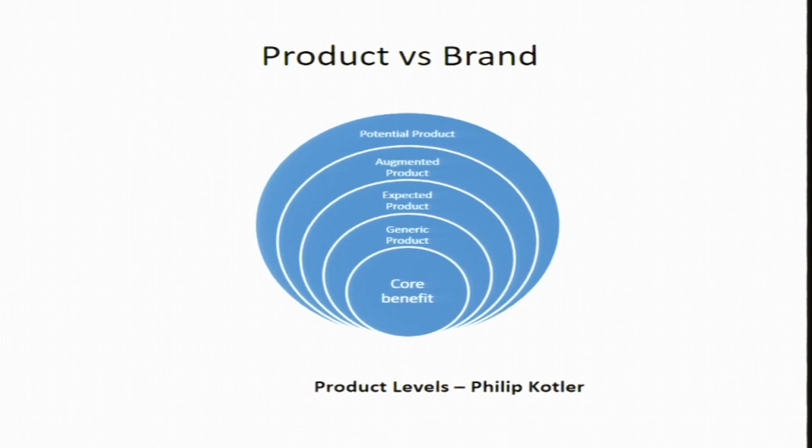Now, what it does not keep in mind is that technology is playing a very important role in our lives today, and this model creates a fixed idea of product. This means in this model what we can say is that product does not change itself, product does not morph, product remains as a fixed entity.